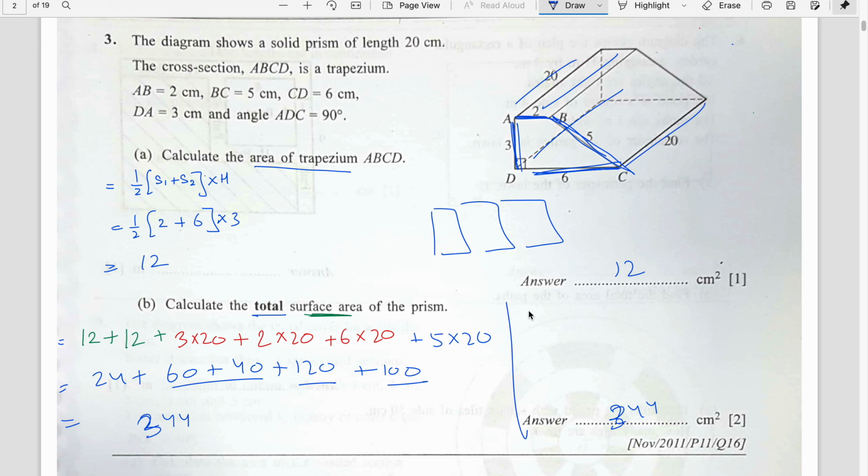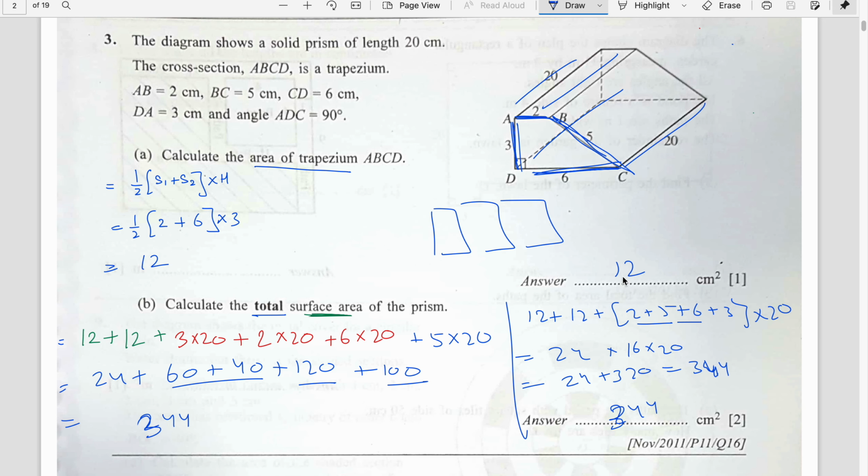So we can also do it this way: 12 plus 12 plus lengths are 2, 5, 6, 3, times 20 at once. 24, then 5, 6, 7, 7 and 3 is 10 and 16. So 16 into 20 is 320, plus 24 is equal to 344.